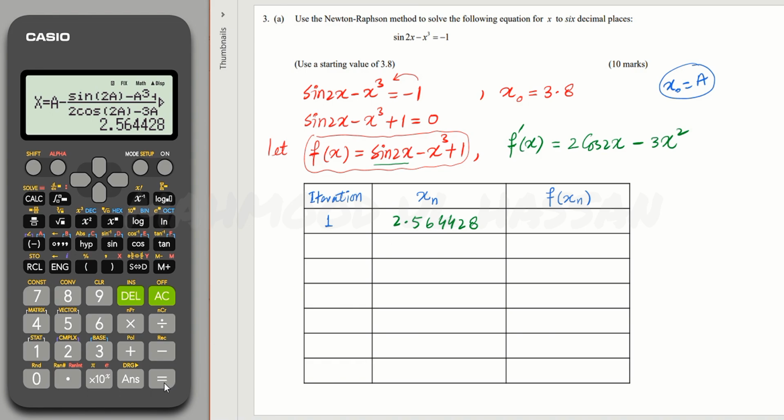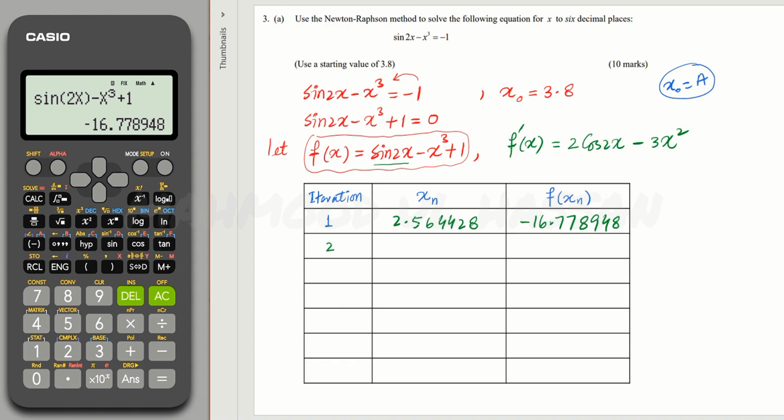Now again you have to press the equal button. You will get the function value at this approximate root. You can see here that is minus 16.778948.